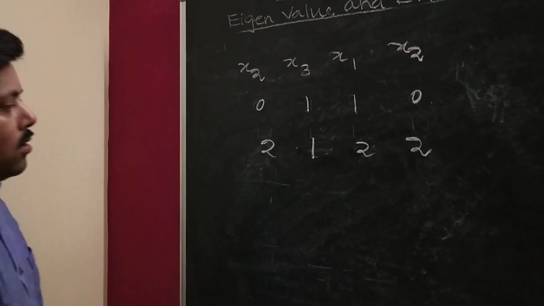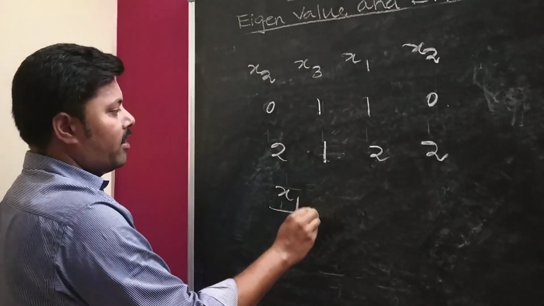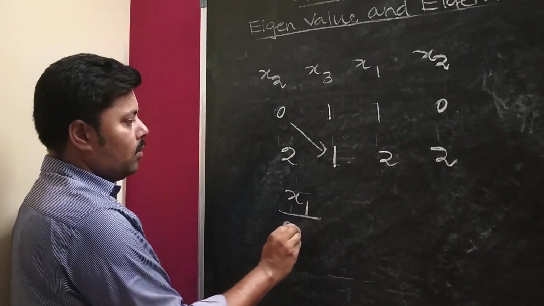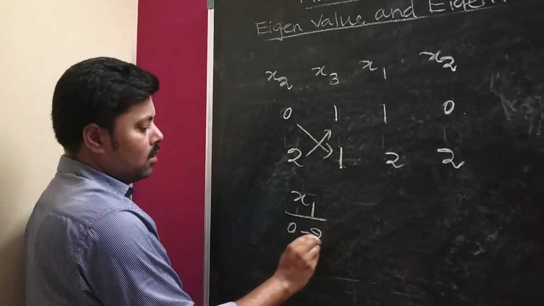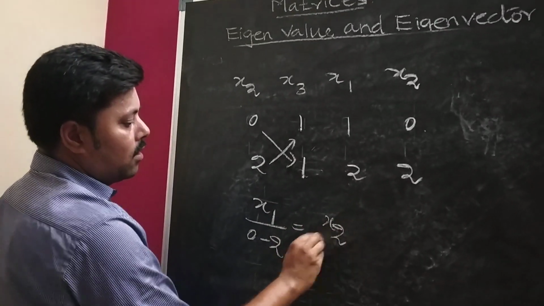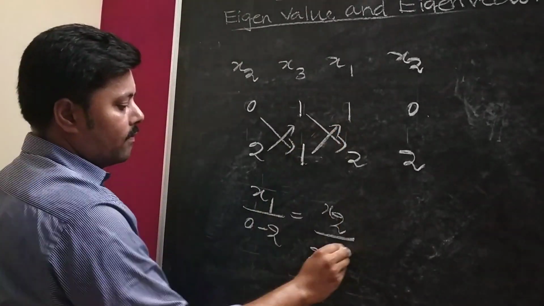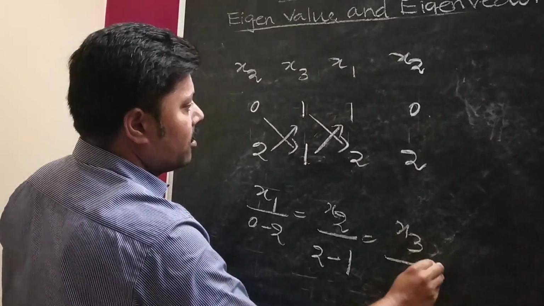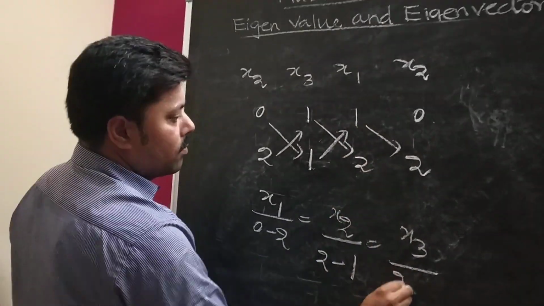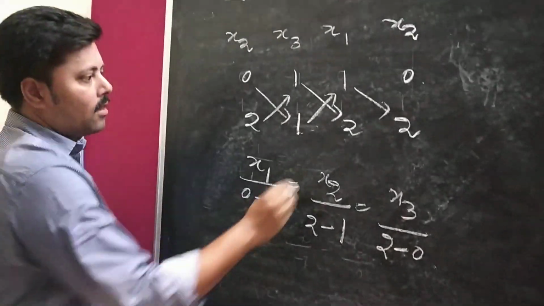So what is the value of x1? 1 into 0 minus 2 into 1. x2 value? 1 into 2 minus 1 into 1. x3 value? 1 into 2 minus 2 into 0.